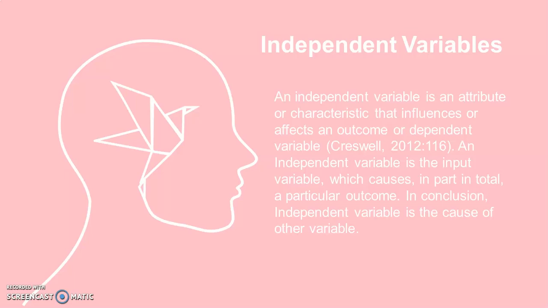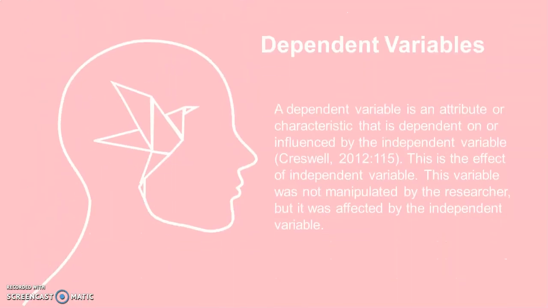Two examples of common independent variables are gender and educational level. Let's move to the other one. According to Creswell, a dependent variable is an attribute or characteristic that is dependent on or influenced by the independent variable.